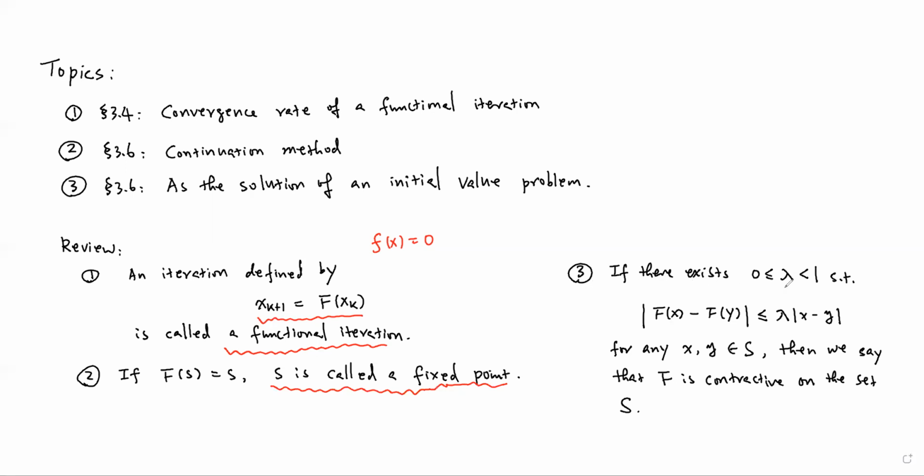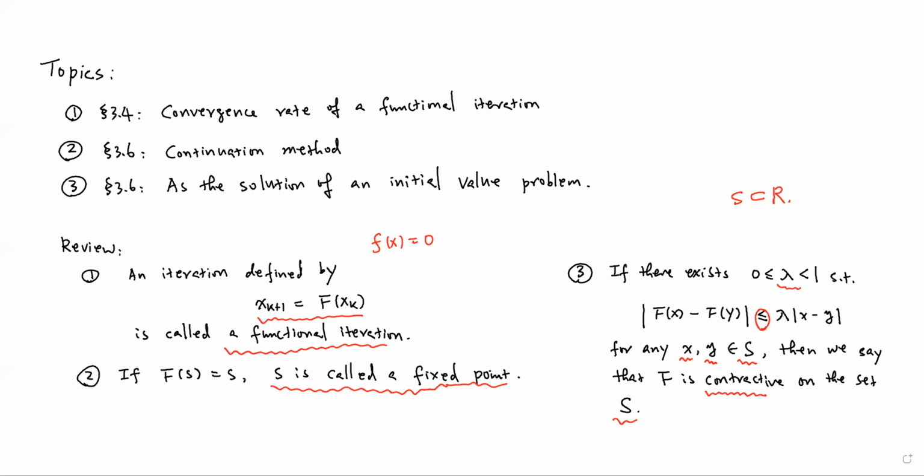If we can find some number less than 1, non-negative, so that this inequality is true for any x and y from the set S, where S is a subset of R, a set of some real numbers, then we say that capital F is contractive on the set S.